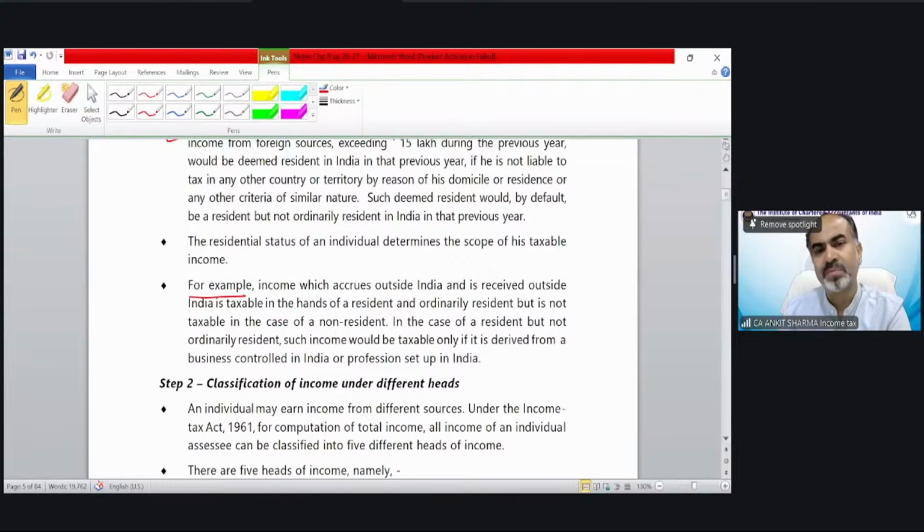For example, income which accrues outside India and is received outside India is taxable in the hands of a resident and ordinary resident, but is not taxable in case of a non-resident. In the case of a resident but not ordinary resident, such income would be taxable if it is derived from a business controlled in India or a profession set up in India.